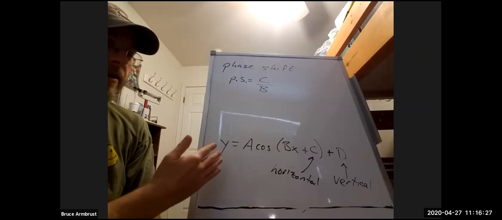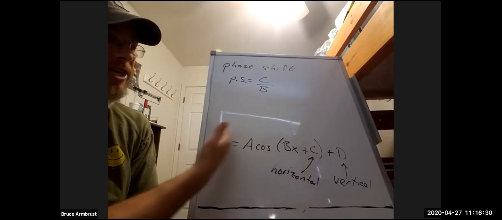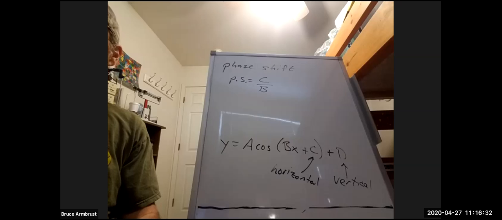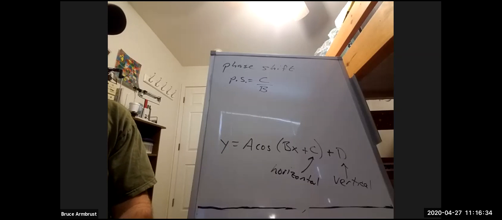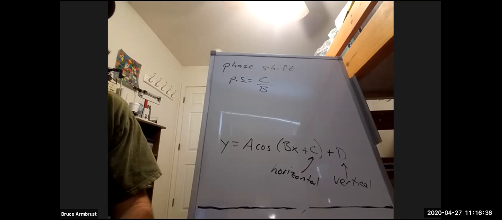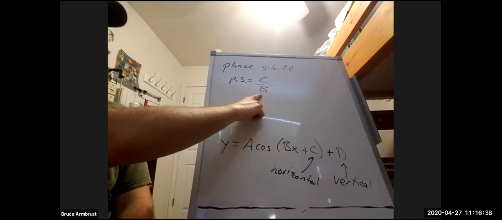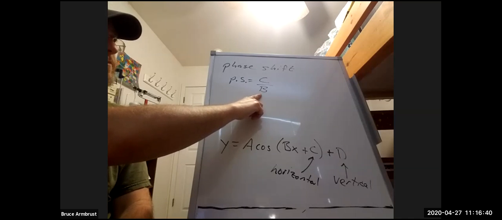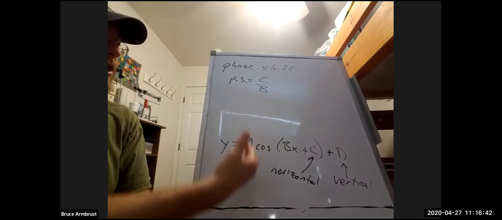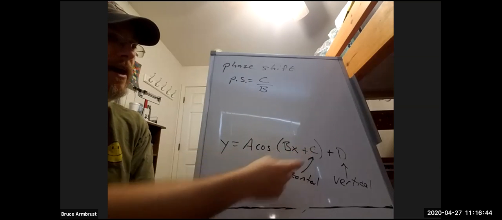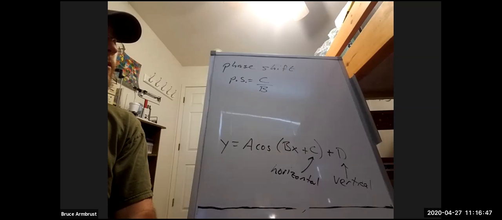It accounts for a horizontal change, not a vertical change. But this will tell us exactly how far we have to shift it. Which direction we shift will be dependent upon the value of C, whether it's plus or minus.